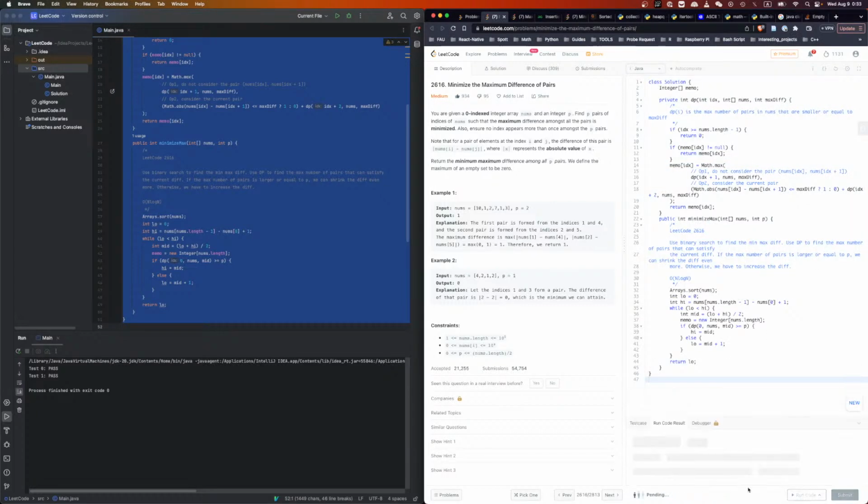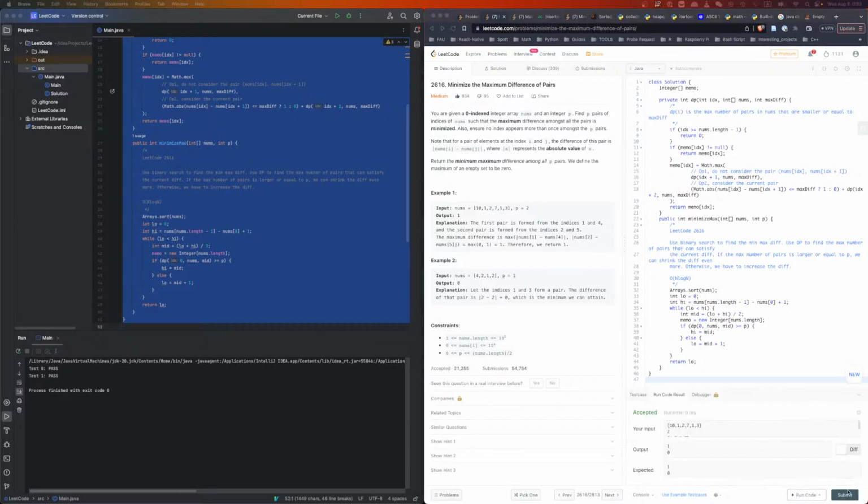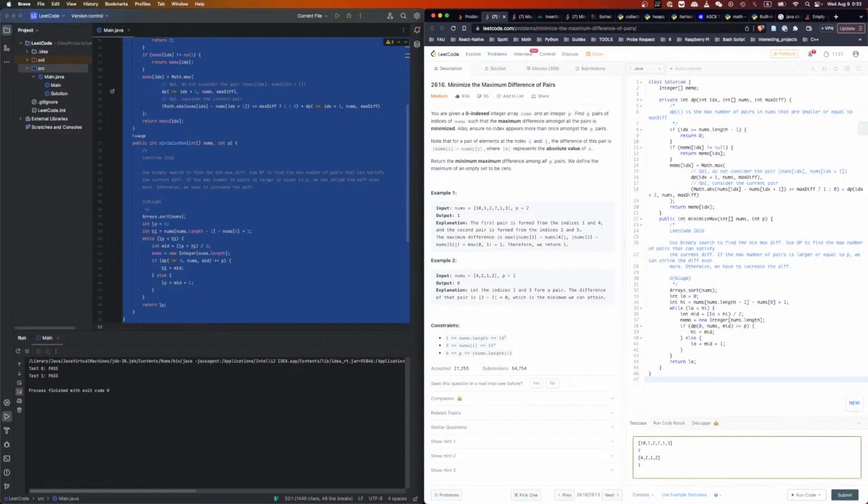All right, last time, and we're gonna submit this. Hopefully it's right. Oh, you know what? Let's run some tests like this with one pair. Or something like this, 3 pairs. I don't know. Throw something in.